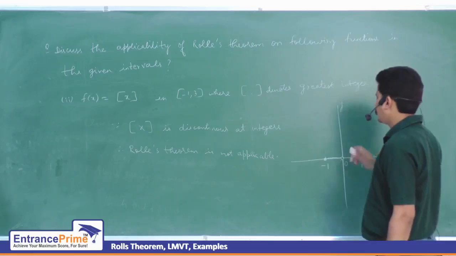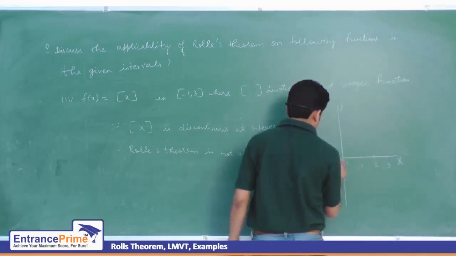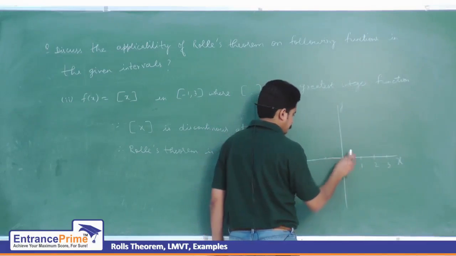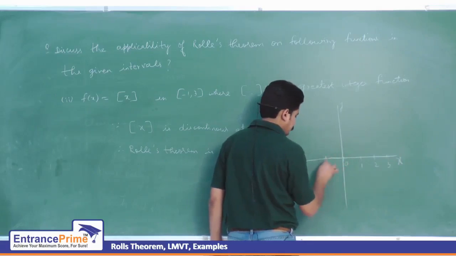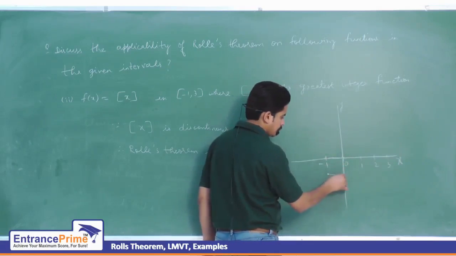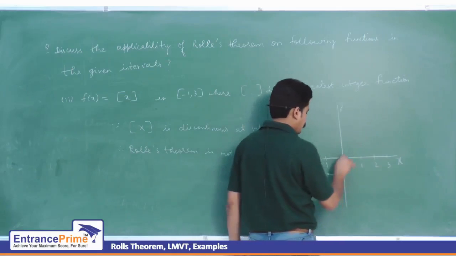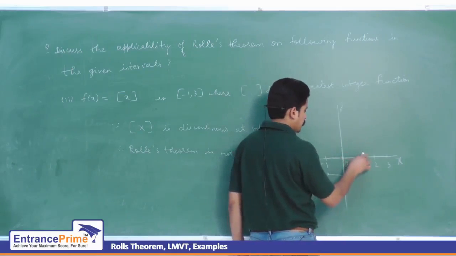For -1 to 0 the value of the function will be -1. For 0 to 1 the value of the function will be 0.